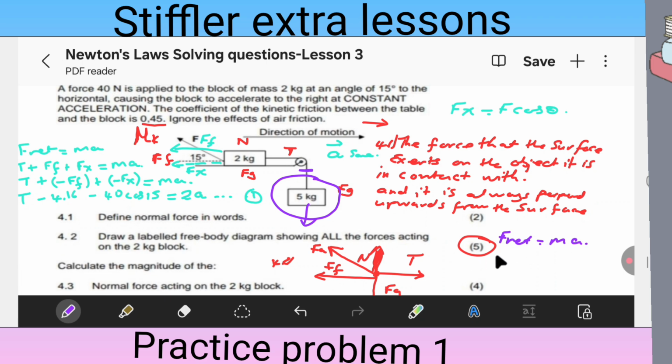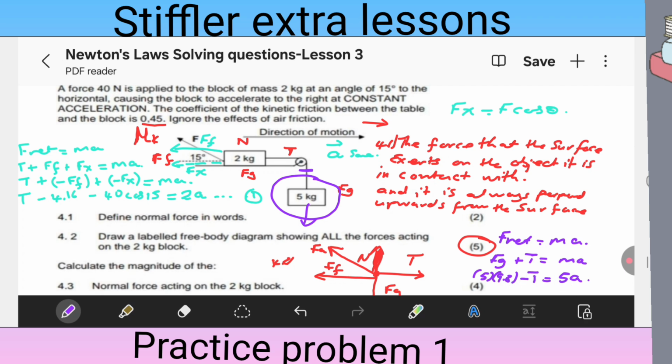So on F net, we have Fg plus tension is equivalent to mass times acceleration. Our Fg we calculate using mass times gravitational acceleration, so this is 5 times 9.8. Since tension is going in the opposite direction, it should be negative. So minus tension will be equivalent to 5 times acceleration, like that.